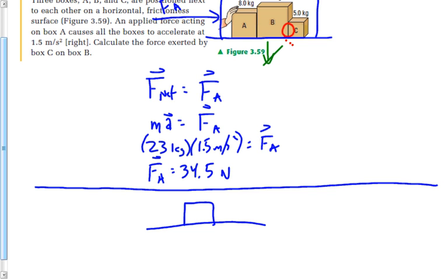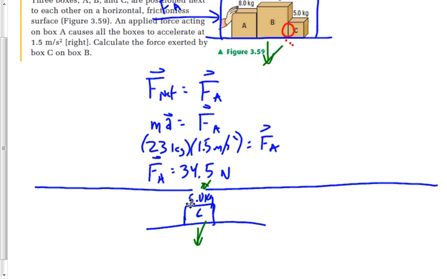So now what I'm doing is looking inside the ice cream truck. I don't want to analyze the whole trailer. I want to analyze the forces acting only on that box of ice cream. So object C has a mass of, sorry, 5 kilograms. What forces act on object C? Well, there's gravity and a normal force, but those two forces cancel each other out.